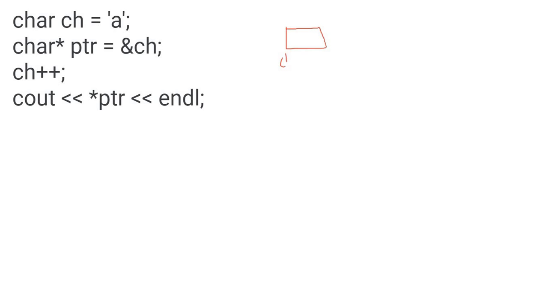Let's draw it this way. This is a character CH which has A stored inside it, and we have PTR which is a pointer pointing towards this character CH. If we increment CH, characters can be incremented in this way in C++.